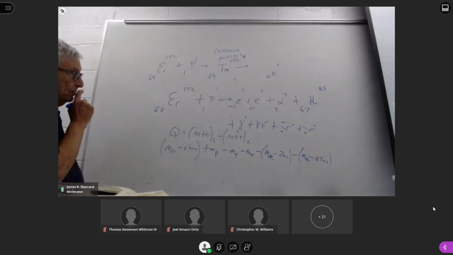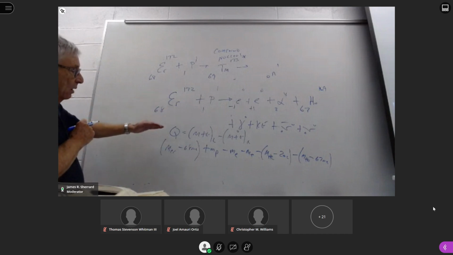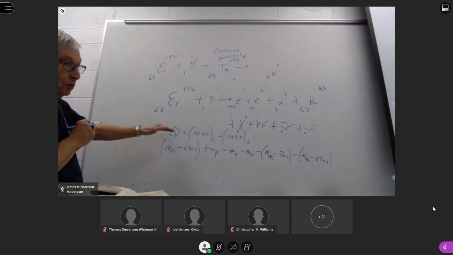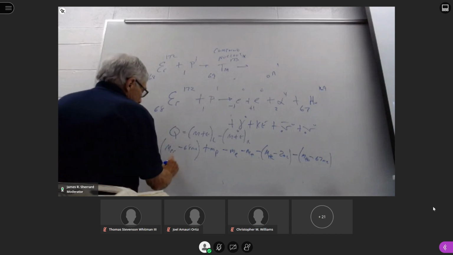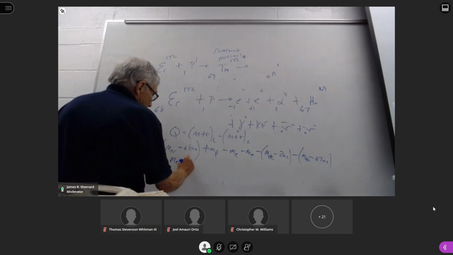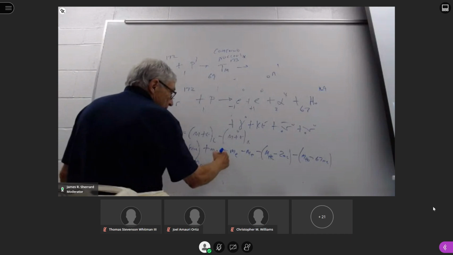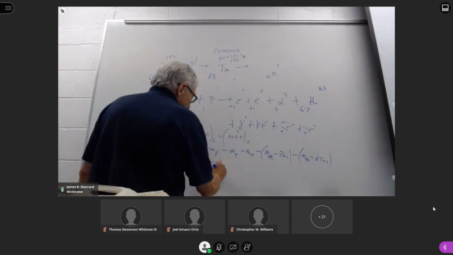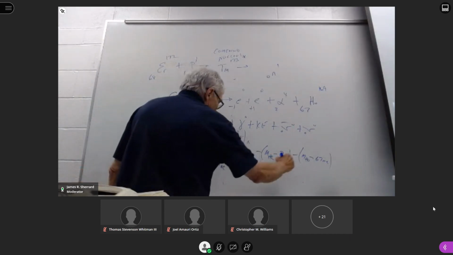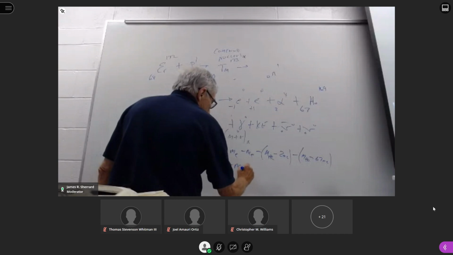So we've written the reaction equation. We've now spelled out the Q equation. We combine like terms. So we have the mass of Er plus the mass of a proton minus the mass of helium minus the mass of holmium.